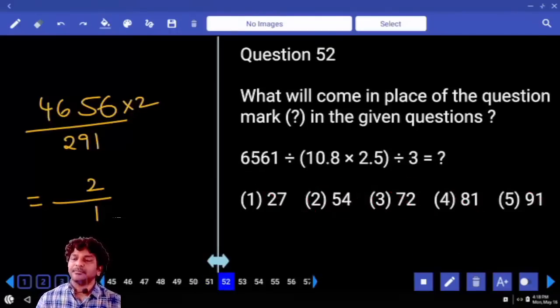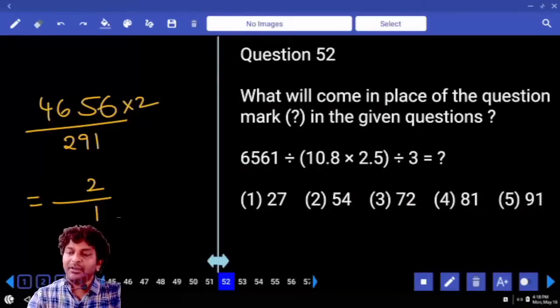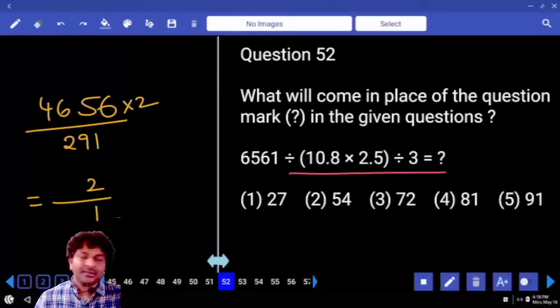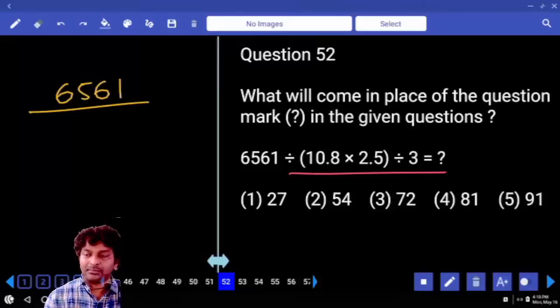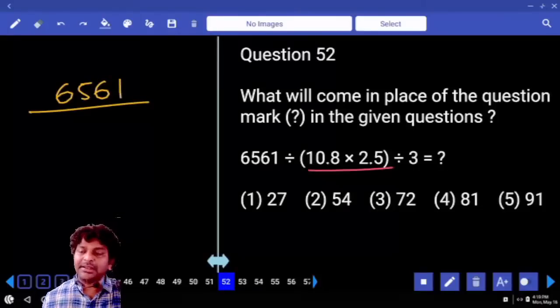Next, when you have continuous division, the first number comes in the numerator and all the remaining numbers come in the denominator. 6561 divided by 10.8 into 2.5. 2.5 also comes in the denominator, right?